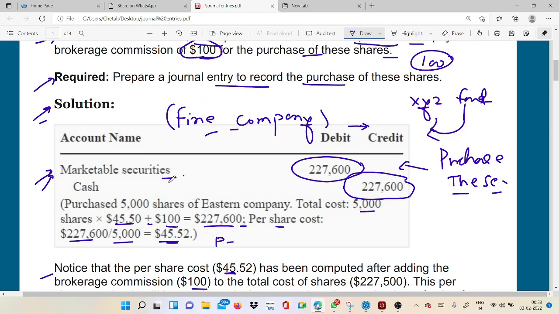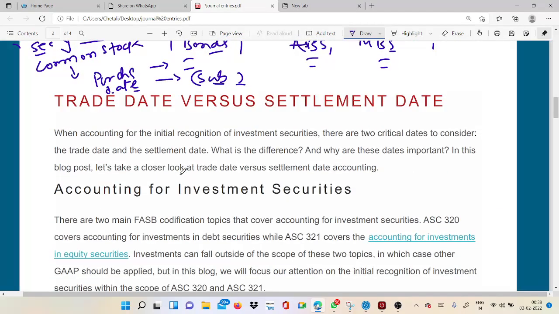But we haven't yet discussed whether this entry would be on a trade date or a settlement date. We'll see that below. When accounting for trade date versus settlement date, when accounting for the initial recognition of investment securities, this is important; it is one of the accounting concepts.